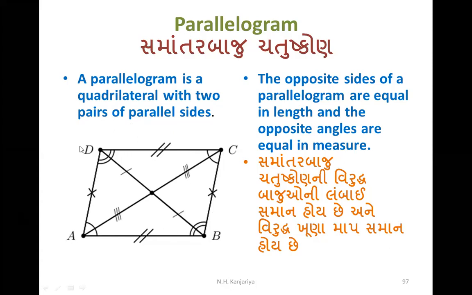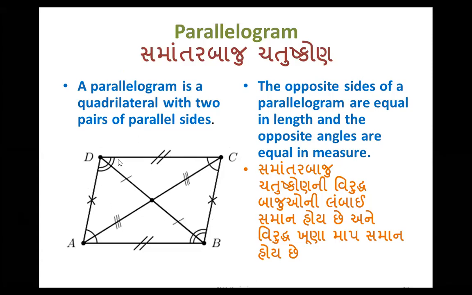AB and CD are opposite sides, AD and BC also opposite sides. So they are equal. And their opposite angles also equal. And the sum of all angles is 360.